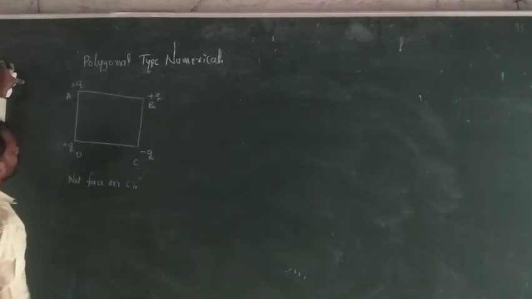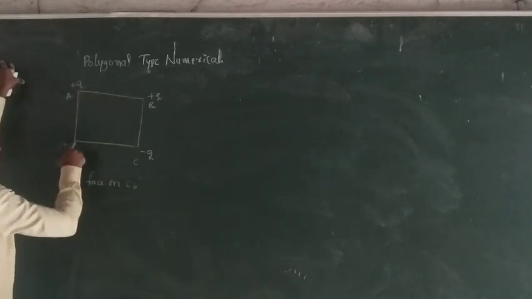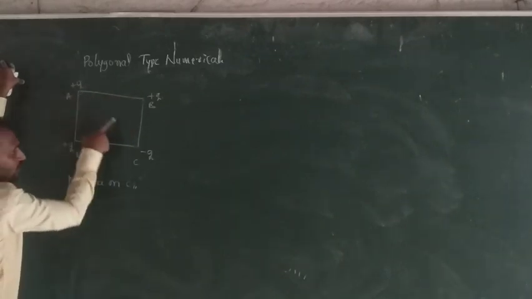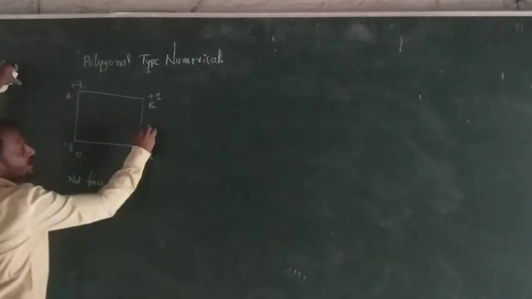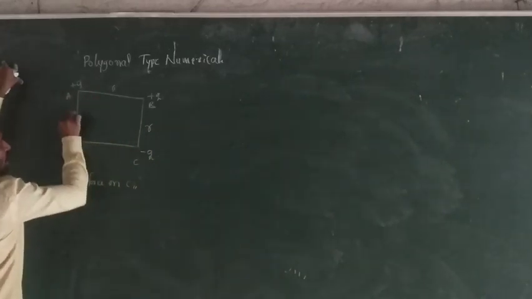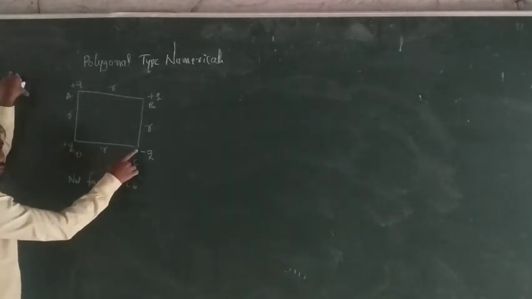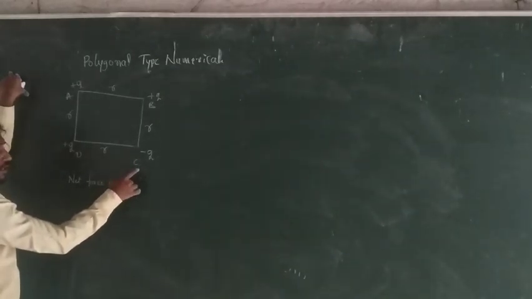First, we want to calculate the force between these 2 charges, and these 2 charges, and these 2 charges. The distance between these 2 charges is R, and this is also R, and here also we consider R. We want to calculate the net force on point C, the negative charge.